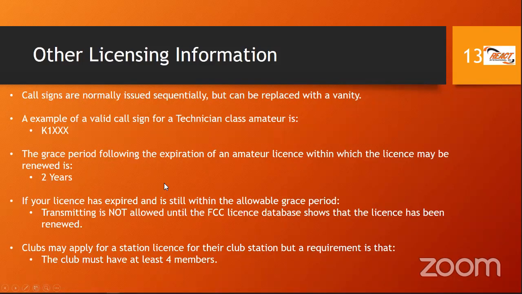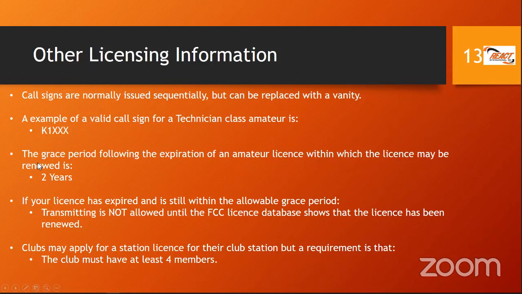Normally call signs are issued sequentially, right? In the FCC system. But after you get that call sign, you could apply to change it to a vanity call sign. An example of a valid call sign for a technician class operator is K1XXX. That's just a format to show you what a technician class amateur call sign may look like. Notice it's a little bit on the long side, all right?